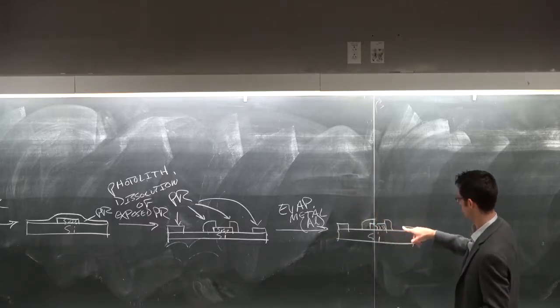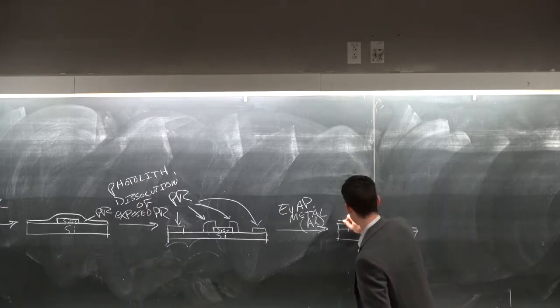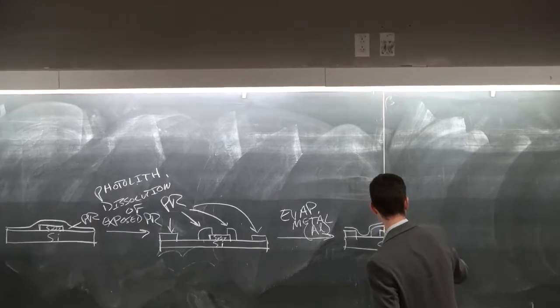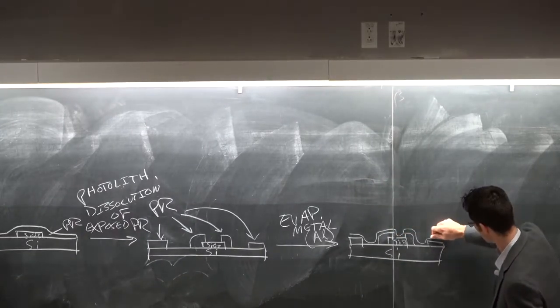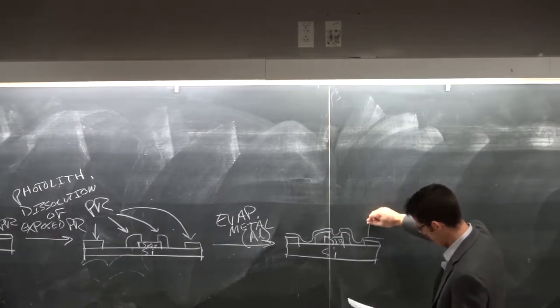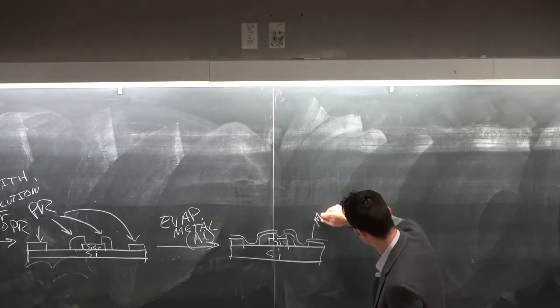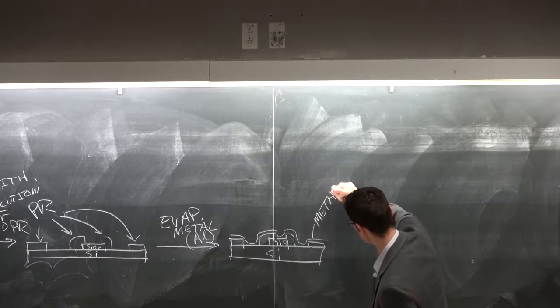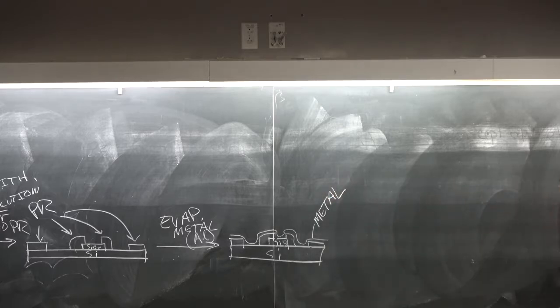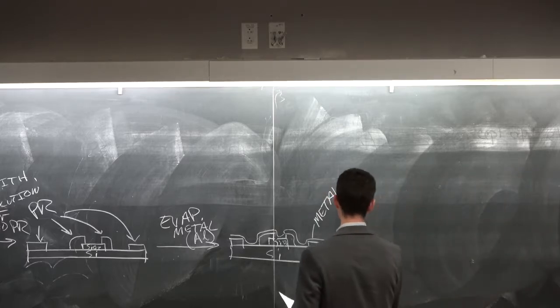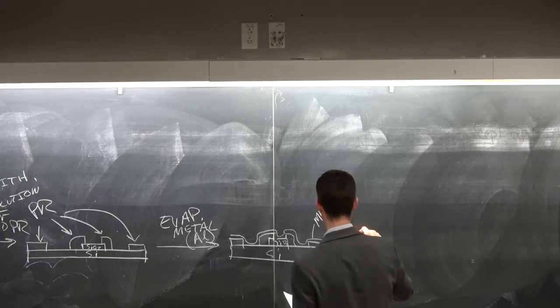So here's our silicon, SiO2, photoresist film, and now we have a thin film of metal that we're going to use to coat the whole thing. And we're going to put this in the oven. And I got one already prepared for you. It's all nice and bubbly. This is a metal film. Now we strip the photoresist again.